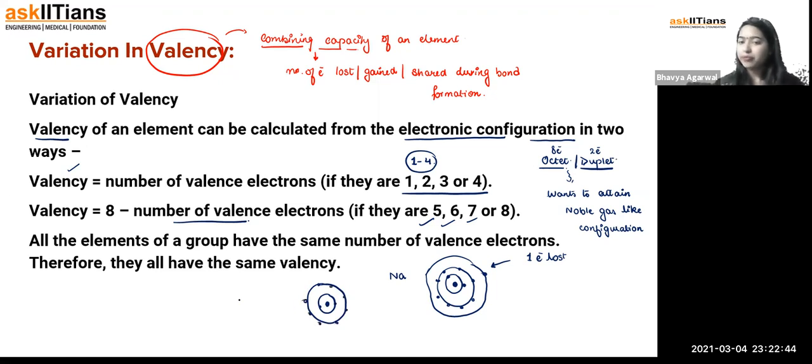Either that way, or I should gain 7 electrons.